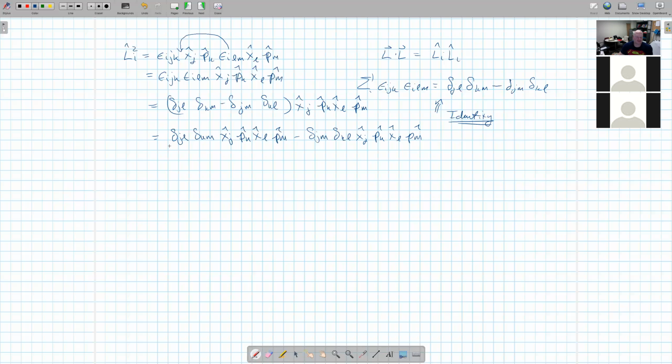So implied outside of here is a sum. This is what's called Einstein summation notation. I think we talked about this before.